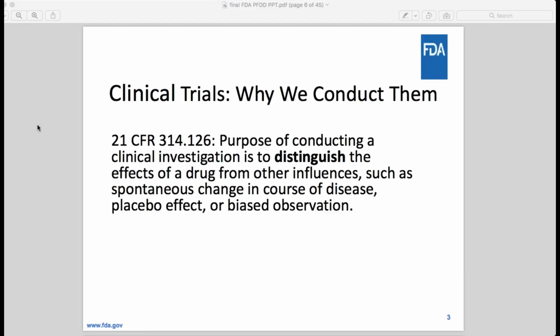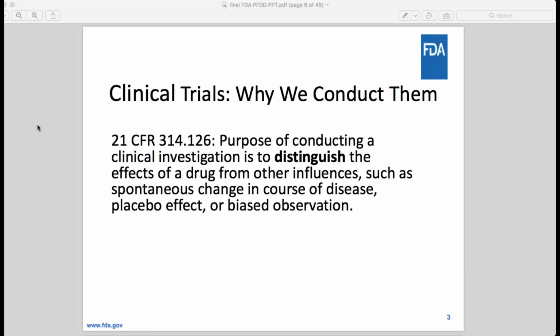Some influences are more important in some diseases than in others. Patients with certain diseases indicate that they improved a lot simply by participating in a trial and were later shown to be taking a placebo. This is called a placebo effect. So if a drug is given to patients with these types of diseases and patients show improvement, we need to know if the improvement is simply a placebo effect or if it is due to the drug.